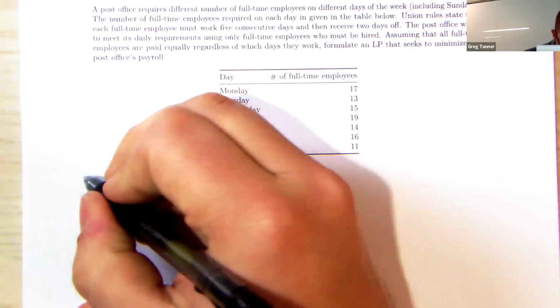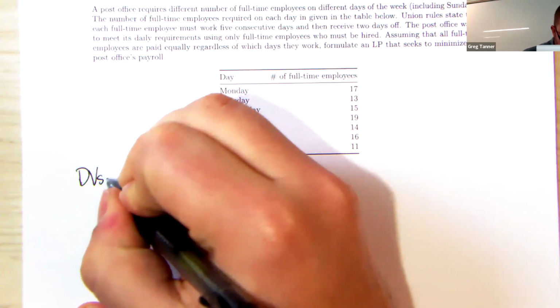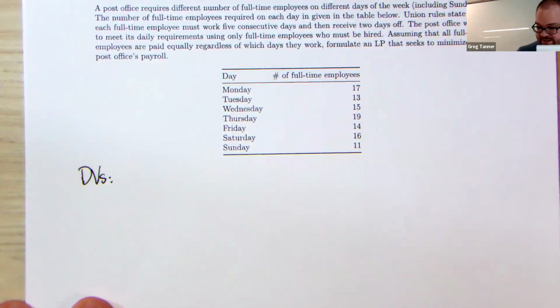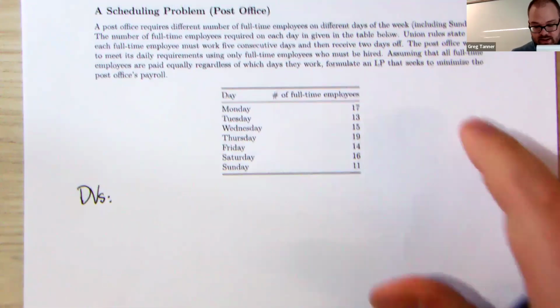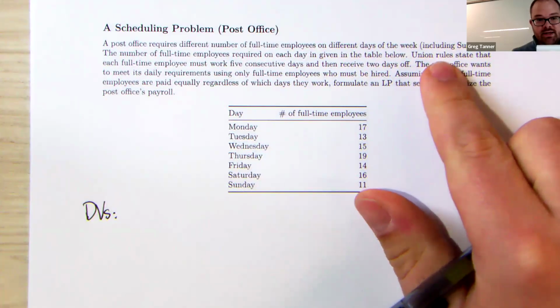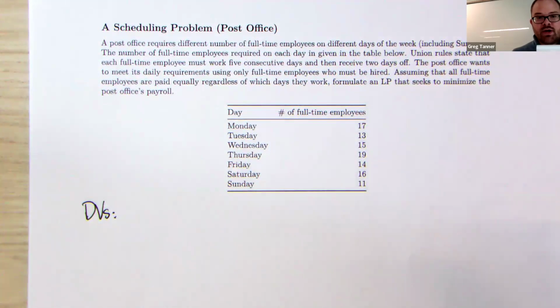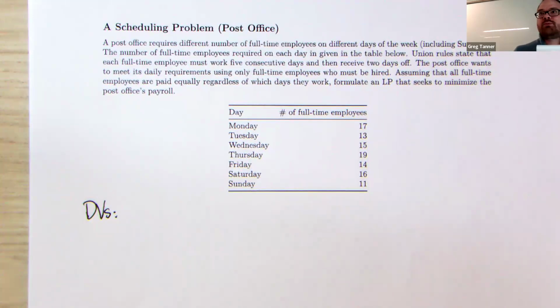So let's talk about a choice for our decision variables. Instead of having our decision variables be the number of employees working on a certain day, we're going to focus on the fact that the union says they can only work 5 consecutive days. So your choice is not how many people work on this day, but when should I start each of my employees on their work week for their 5 consecutive days. Once I start them, I know they're going to work the next 5 days.